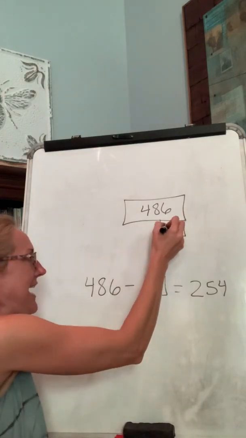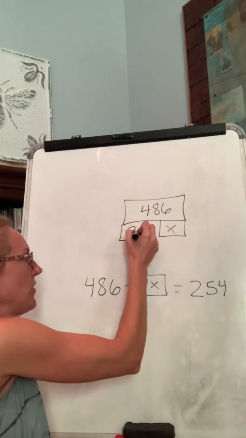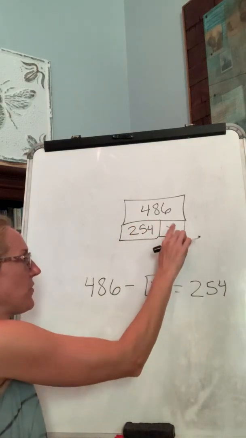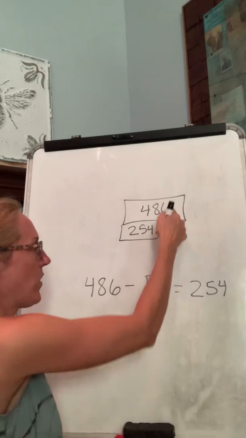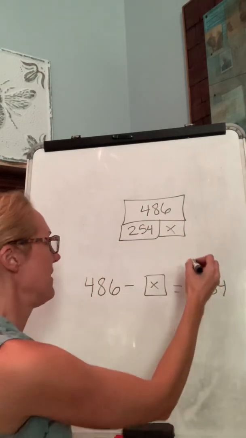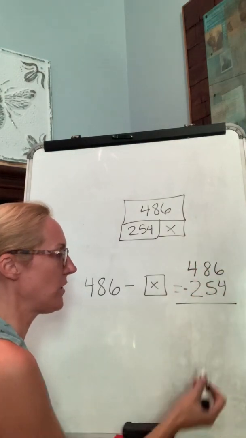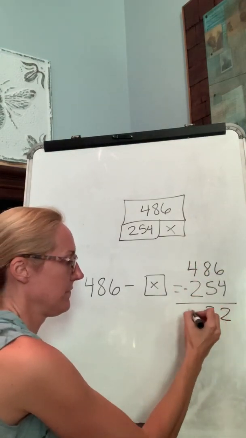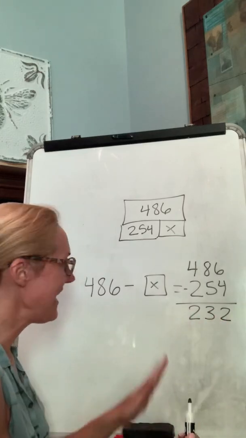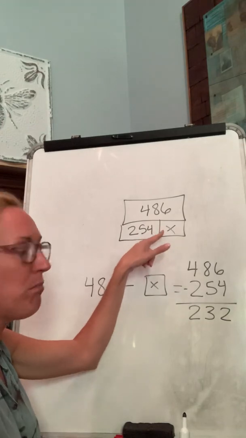We don't know how much it is, X. And it leaves us with this other part, 254. So to figure out X, we're going to have to take away the 254 to find this other part. So 486 minus 254. And again, you know how to do this. It's figuring out how to find that other part.